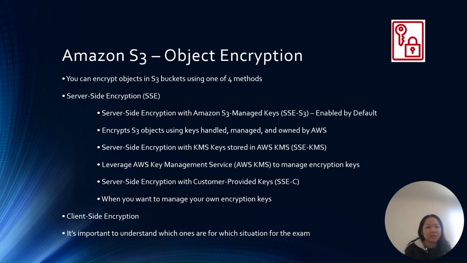Server-side encryption with KMS keys stored in AWS KMS, SSE-KMS, leverages AWS Key Management Service to manage the encryption key. Server-side encryption with customer-provided keys, SSE-C, is for when you want to manage your own encryption key. And client-side encryption. It is important to understand which one is suitable for which case for the exam.